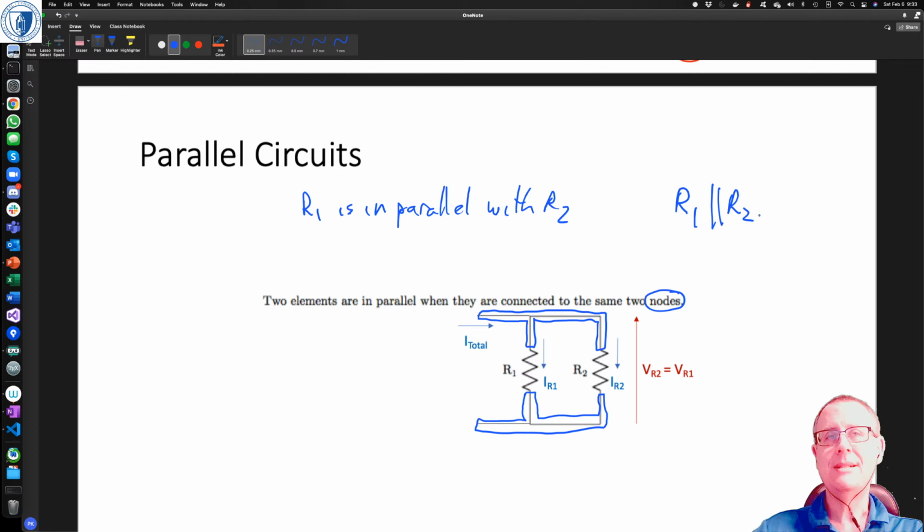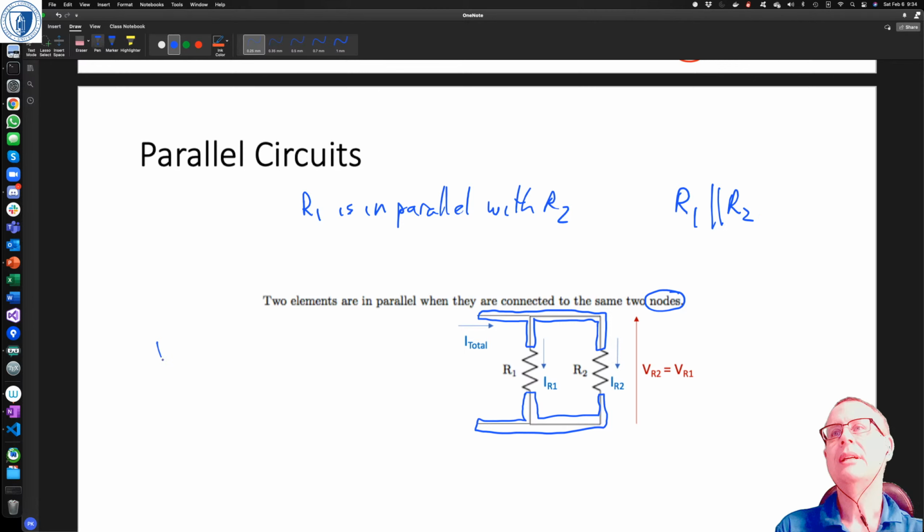Now this one is a little different: we've only got 1 voltage. The voltage across R1 has to be the same as the voltage across R2. They're connected between the same 2 nodes. Nodes are areas of constant voltage. So in this instance, VR1 equals VR2.